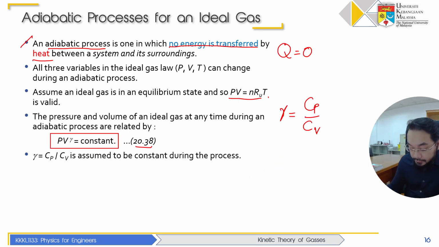Therefore, PV to the power of gamma must always be constant during an adiabatic process. From the start until the end, if the system is a closed system, then PV to the power of gamma must be constant throughout the process.